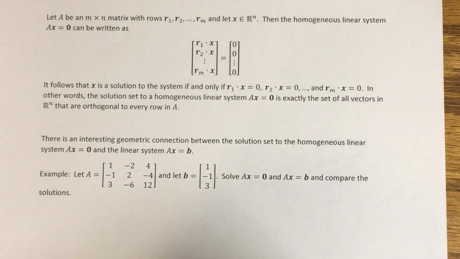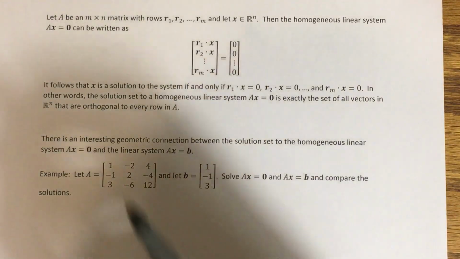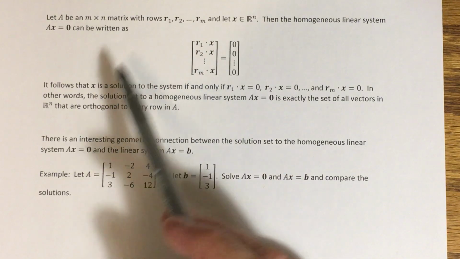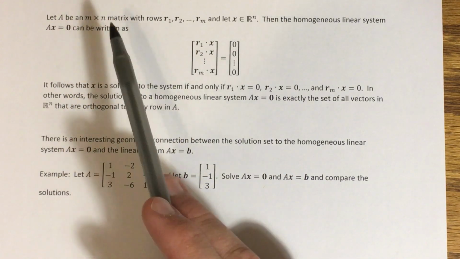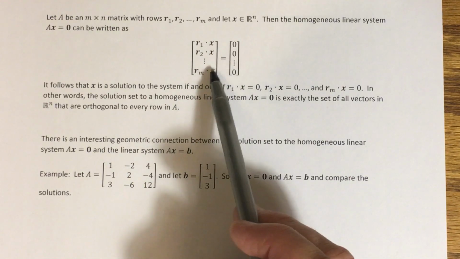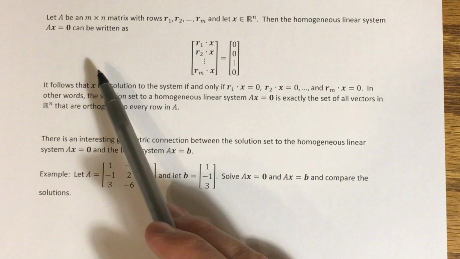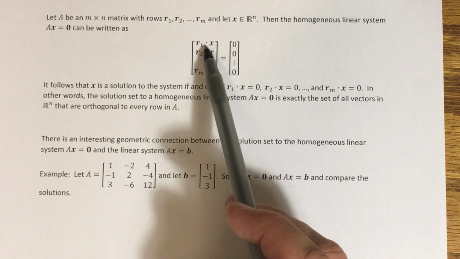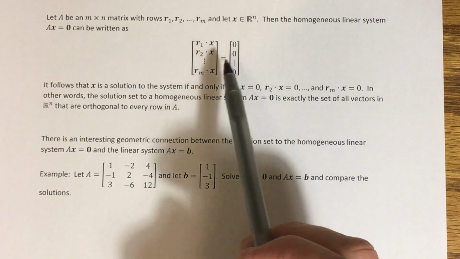Well, in light of section 3.3, that tells us that x is a solution to that linear system if and only if x is orthogonal to every row of that coefficient matrix A. Remember, that's what it means for the dot product of two vectors in Rn to be 0.